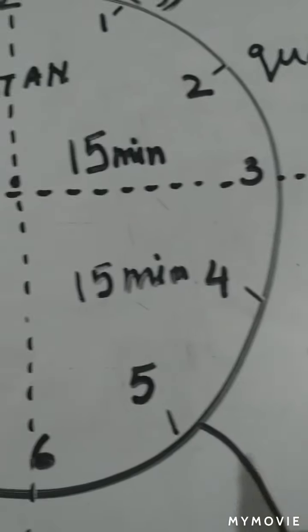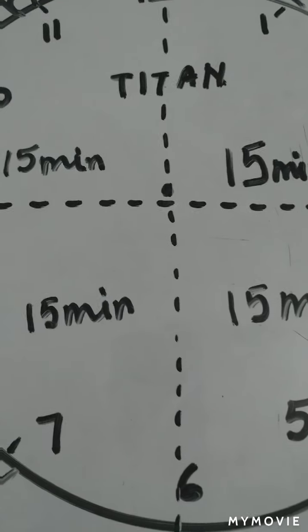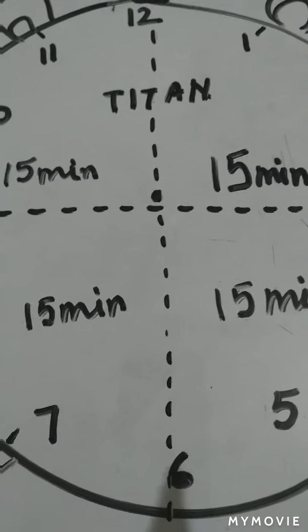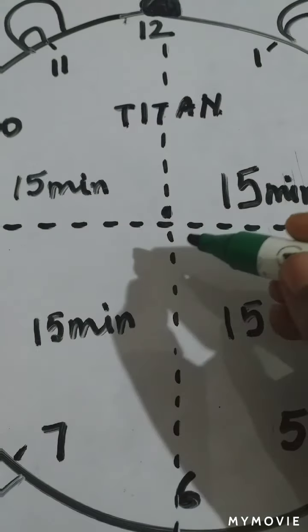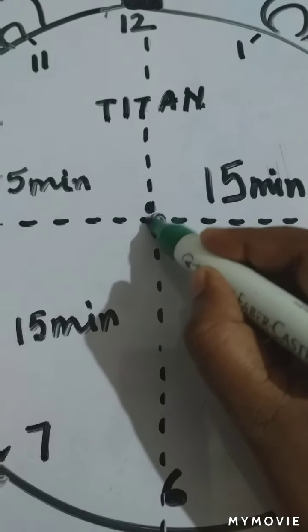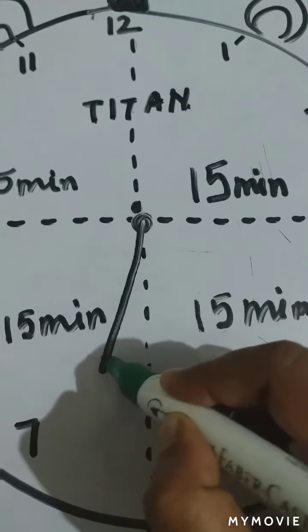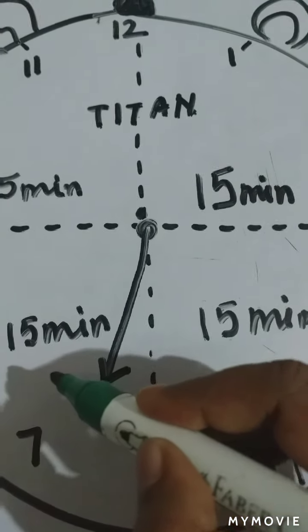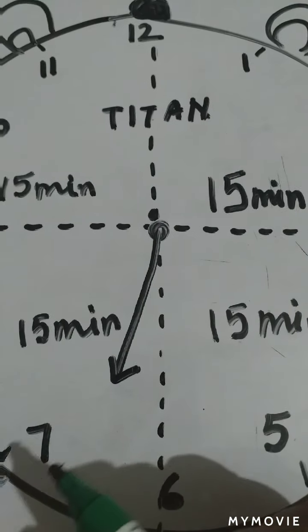So how we are going to show it in the clock: quarter to 7 means it is not 7, it is less than 7. So less than 7 means that the hour hand will be somewhere between 6 and 7, because it is not yet 7. 15 minutes are still left for the hour 7 o'clock.